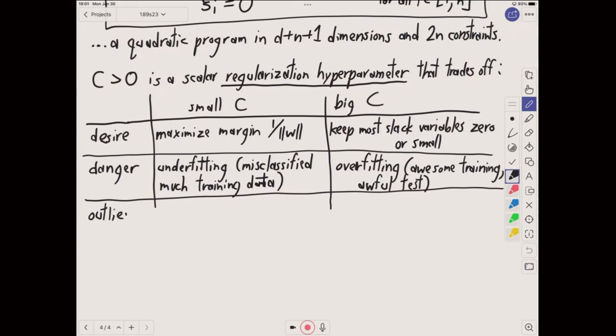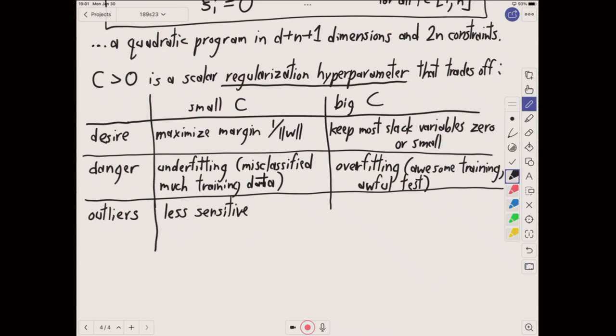Now remember, one of the things that I said motivates hard margin SVMs is outliers. What if you have points that are just wrong in your data set? How much do they affect the output of your soft margin support vector machine? Well, if C is small, then that has the nice property that it makes it less sensitive to outliers.